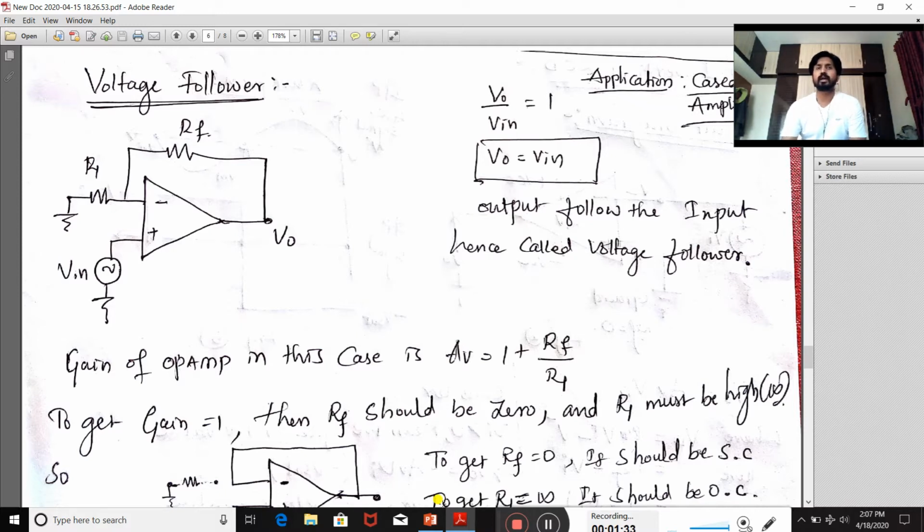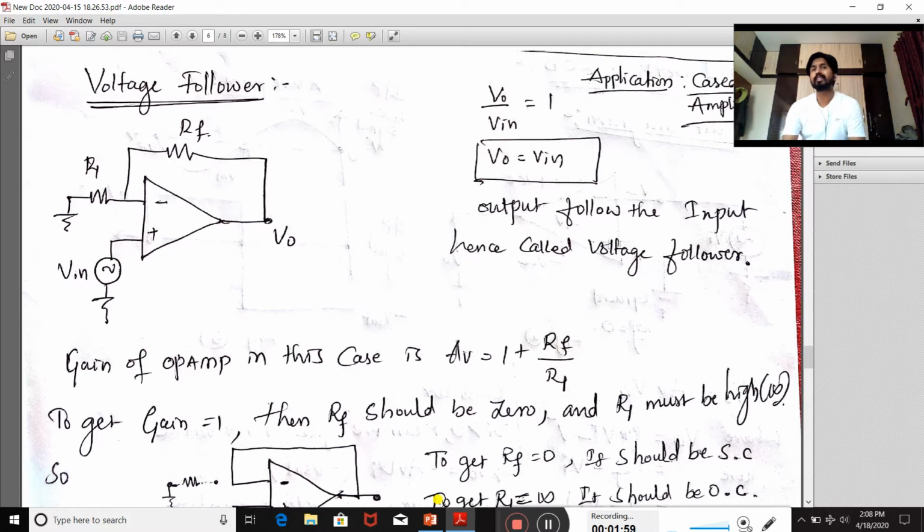And the question comes, why is this voltage follower circuit required? Because there are some circuits, multi-stage amplifiers or cascaded amplifiers, where to add one stage to another stage, we use this voltage follower circuit to match the impedance.